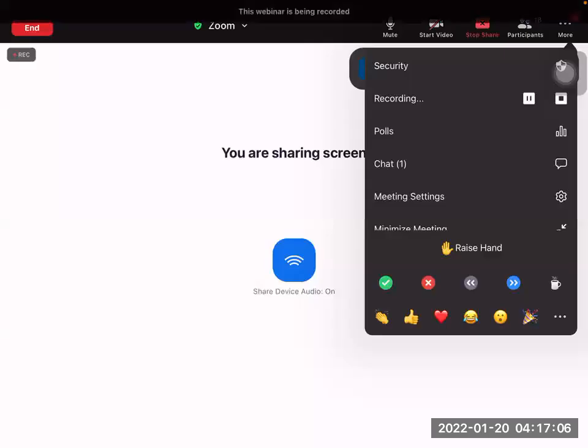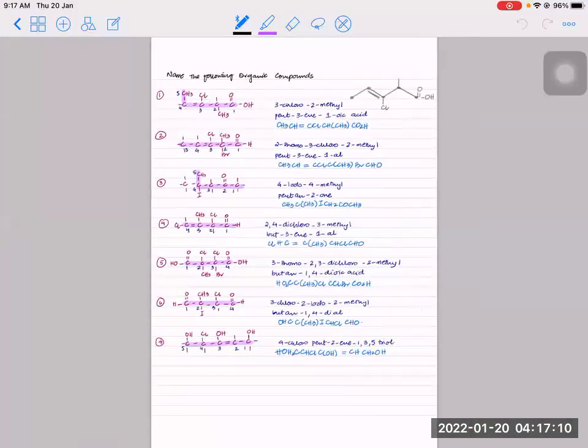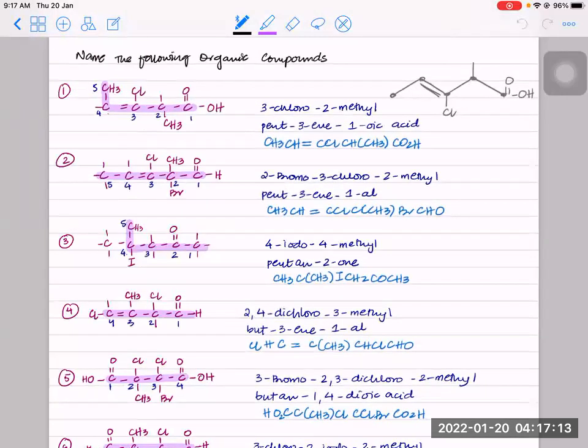All right, so let's now see the skeletal formulae for these organic compounds. Right here, we have five carbons in the main chain.